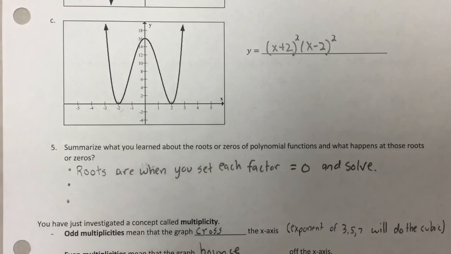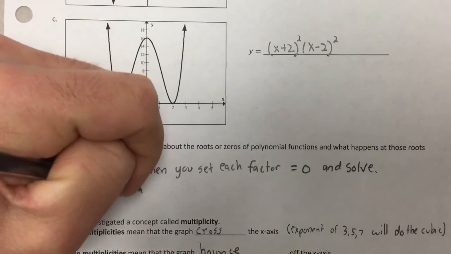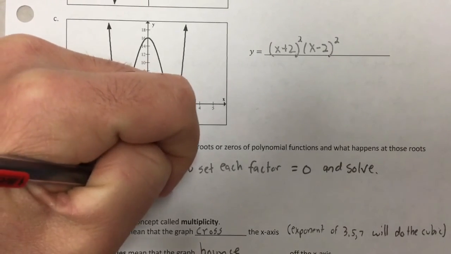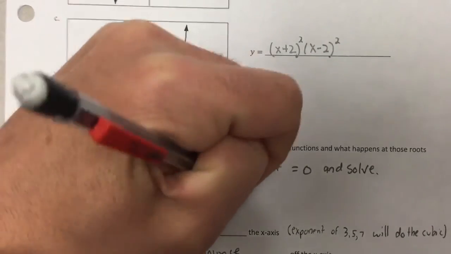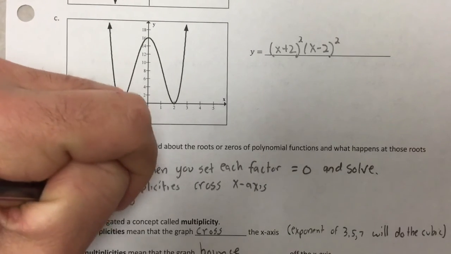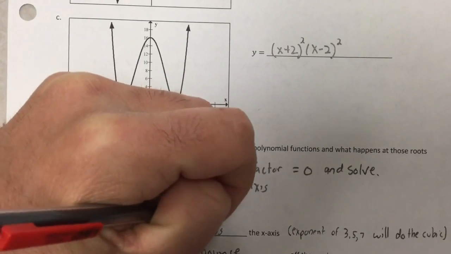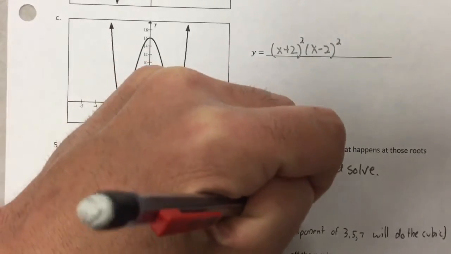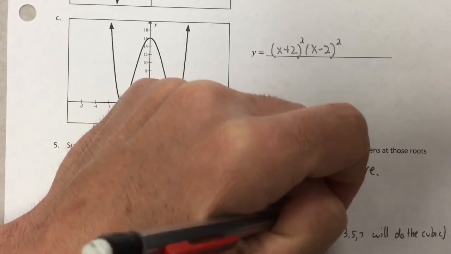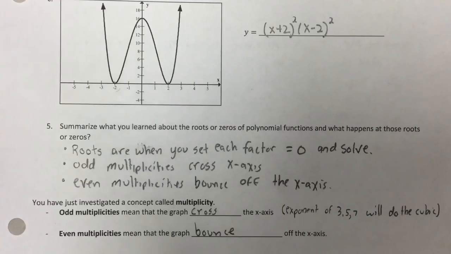And then we can talk about our multiplicities. Odd multiplicities cross the x-axis, and even multiplicities bounce off the x-axis. All right, so there is our information. We're learning a lot more about polynomials each and every day.